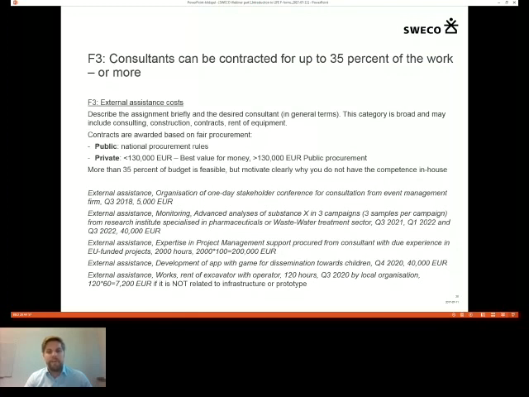There is no rule that makes it impossible to submit the proposal if you have more than 35% in external assistance costs. So rather than employing competent staff in your own authority just for the project, try to stay focused on what you're good at from the beginning and use consultants. This is a very common approach, and there shouldn't be any problem with it.